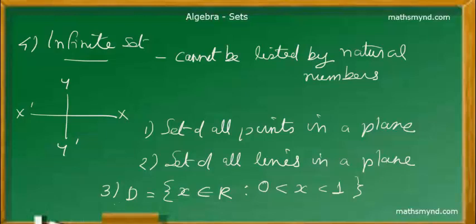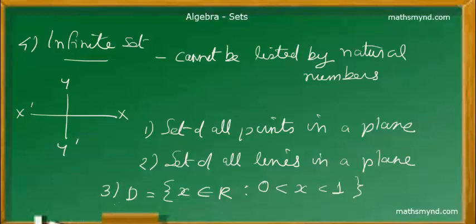We have two interesting examples coming up from coordinate geometry. In a Cartesian plane, theoretically, the set of all points is actually infinite. That's also the case for all lines in that plane. Now, in real numbers, we know that infinite real numbers can be considered between two numbers.